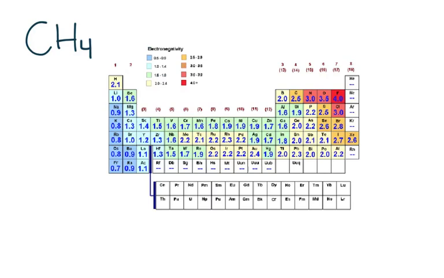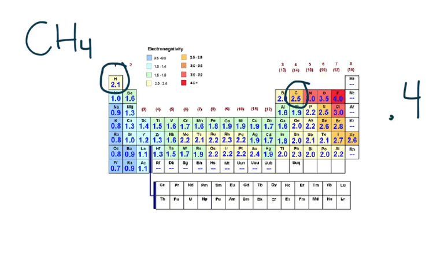So if we look at CH4, let's look at methane. We see we've got carbon and hydrogen. If we look at our values, hydrogen 2.1, carbon is 2.5. That's only a 0.4 difference. Those numbers are so close together, they pretty much have an almost equal attraction.